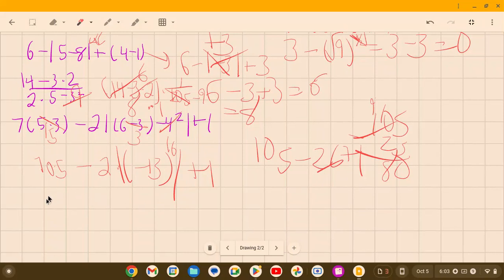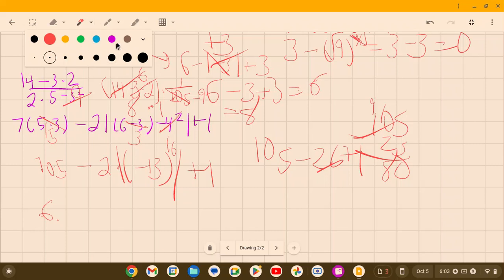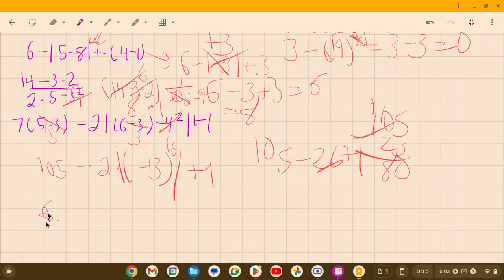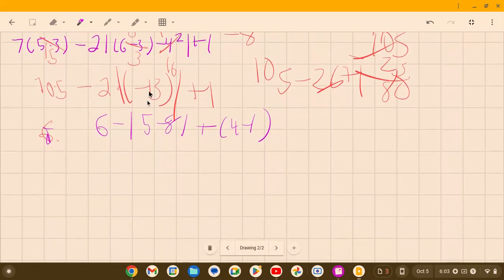So 6 minus, oh, this color sucks. Let's go here. 6 minus 5 minus 8 plus 4 minus 1. Okay, well, that's 3. So 6 minus, oops, maybe 3 plus 3. Nope. Okay, what did I do wrong?